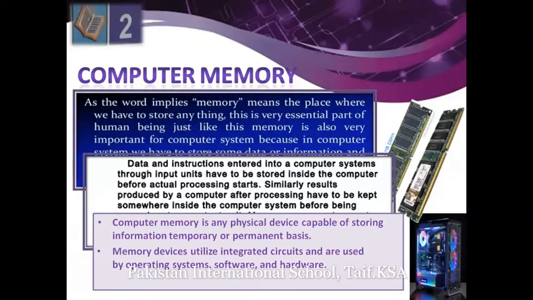It is a memory device utilizing integrated circuits and is used by the operating system, software, and hardware. Basically, computer memory is just like a human brain. It is used to store data and instruction. Computer memory is the storage space in the computer where data to be processed and instructions required for processing are stored.